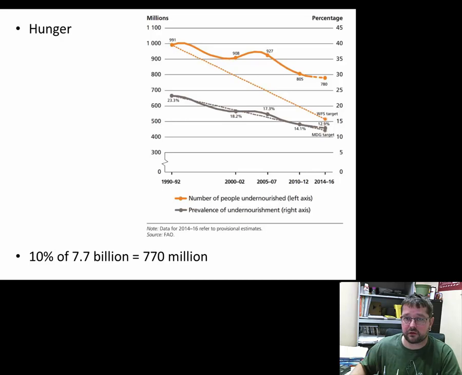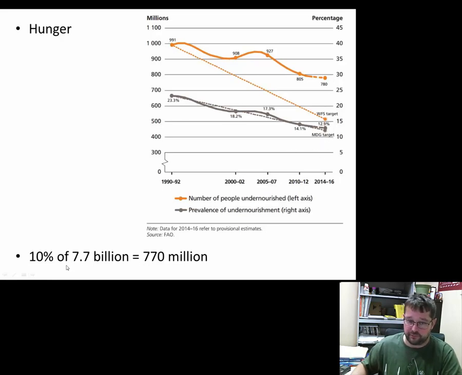That trend is starting to go down. It's not going down as fast as a lot of people want it to, but it's starting to go down. Today we're at about 10% undernourished in the world.